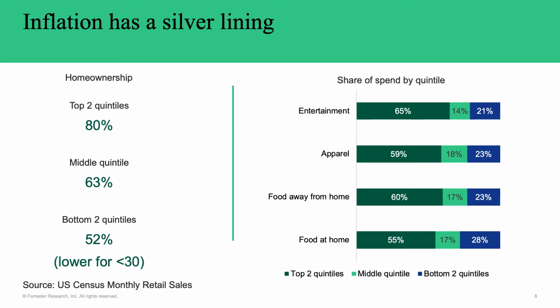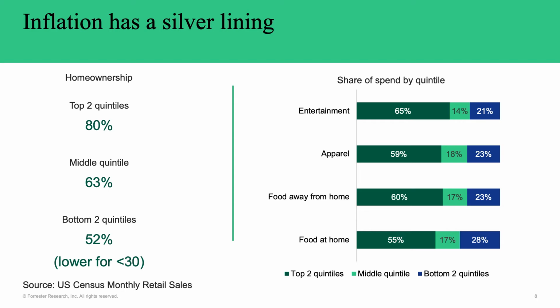I'll also add that inflation is a double-edged sword. What I mean by that is that there are certainly challenges for consumers at the lower end of the socioeconomic brackets, where higher prices, particularly in categories like gasoline or food, are certainly not fun.